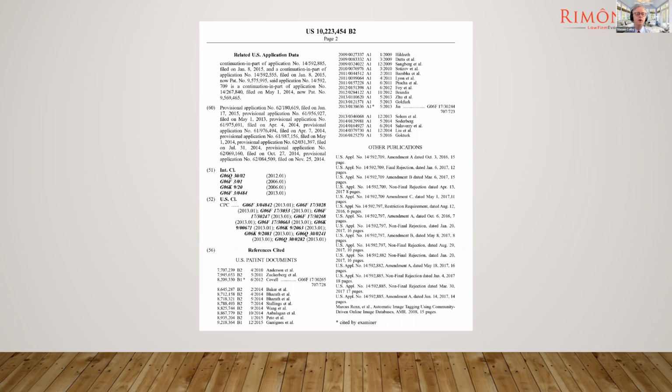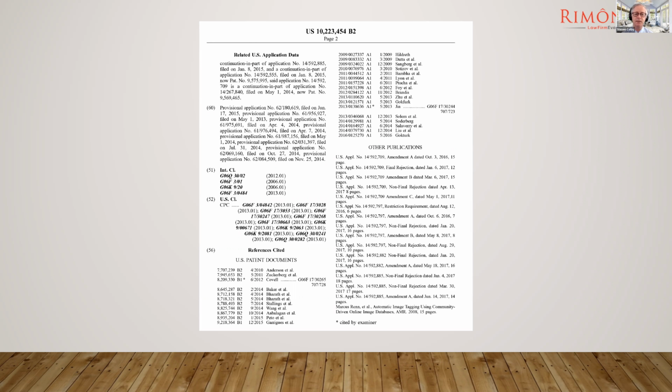Okay, so that's the data section of a patent application or of a patent. The important things that you get from it are the filing date of the patent application and the priority dates. You have to look at when the priority dates are. And if it's a continuation in part, you have to look at what was added in each different stage of the application.